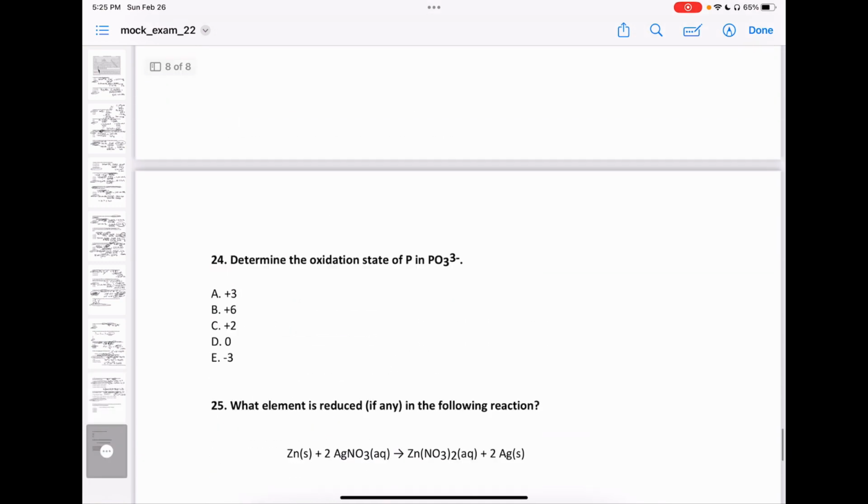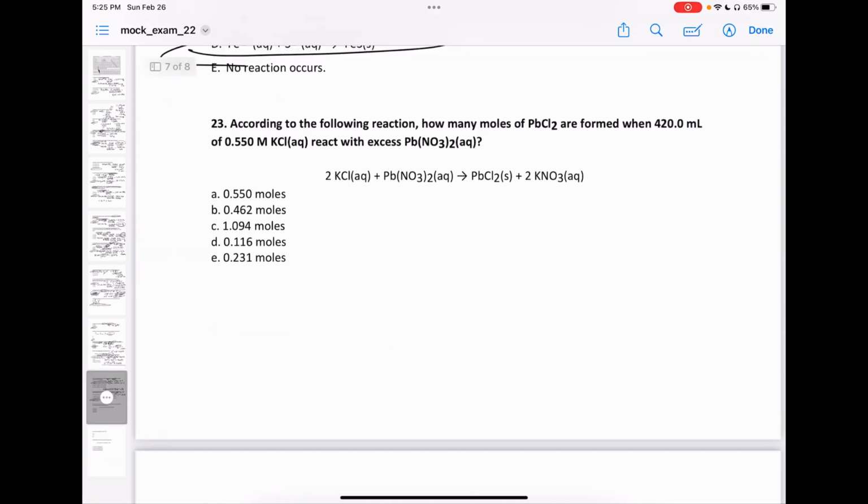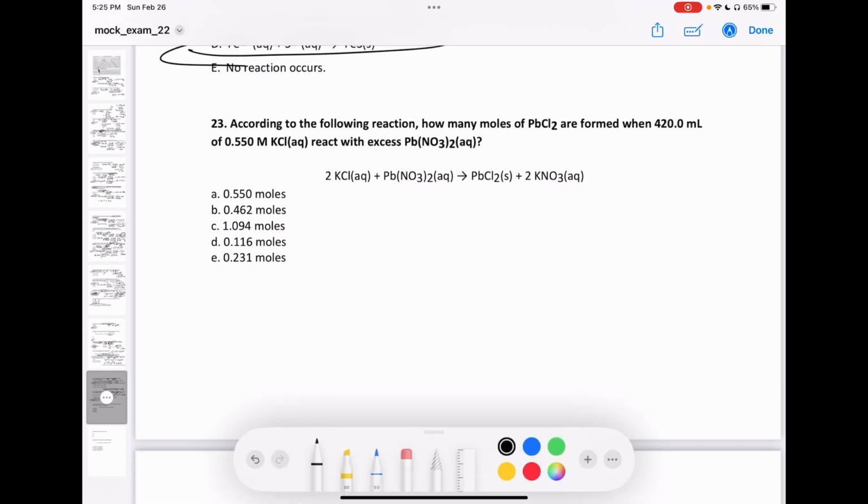All right. According to the following reaction, how many moles of lead chloride are formed when 420 milliliters of 0.550 molar potassium chloride react with excess lead nitrate? Okay, so we want moles of this, and we're given this and this, and there should be a bell ringing in your mind that molarity is equal to moles over liters.